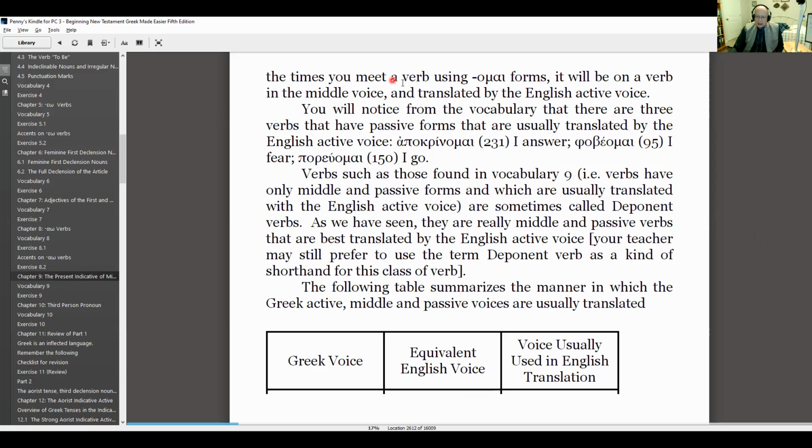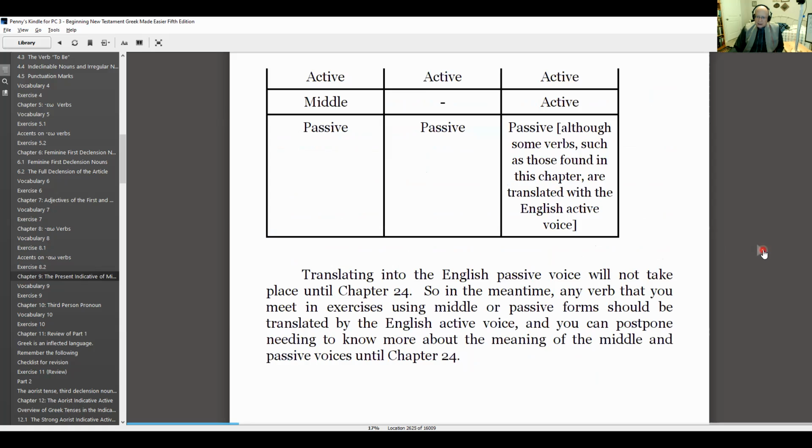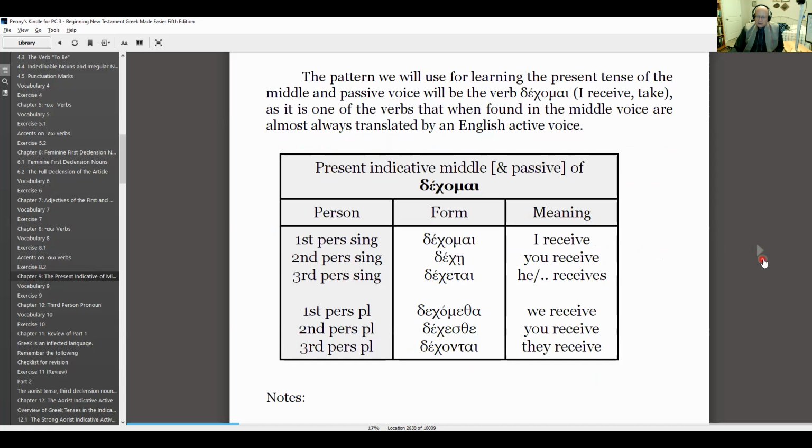The second kind will have this ending, omai. And there'll also be three verbs in the vocabulary that have passive forms that are usually translated by the English active voice. So I think if we go down and look at the forms first, the endings, we'll then be able to understand what we're talking about here.